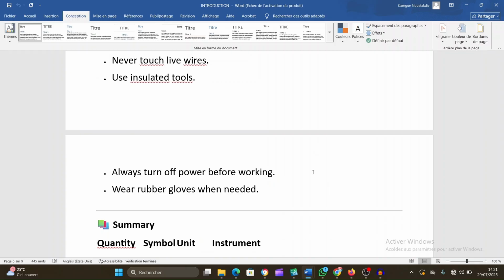Now, just imagine you want to know the voltage in the house where you stay, where you live. You want to know the voltage. And then you are curious to know which instrument is needed for you to measure the voltage. Do you know the instrument?